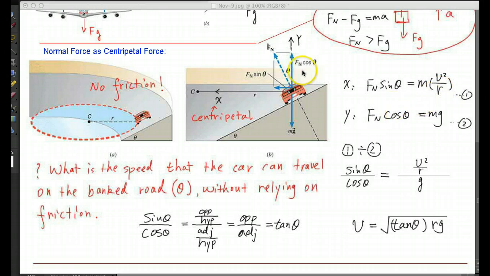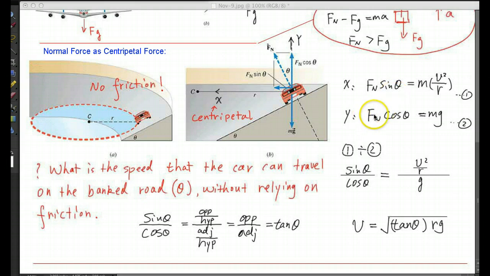In the other direction, the normal force component on the y, Fn cos theta, should balance with mg, because along the y direction there's no acceleration. So if they're equal, we create another equation. Now to solve this for v, you can do it in a lot of different ways.